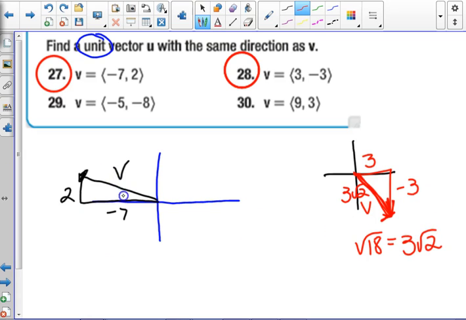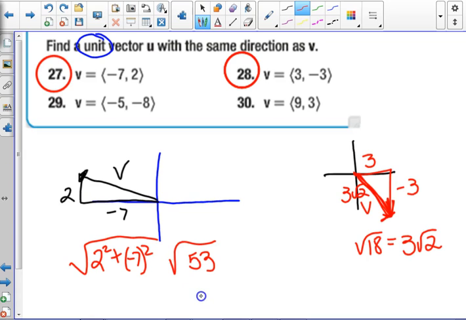Go back over here for a minute. How long is this one? 2 squared plus negative 7 squared, square root of 53. So this length is square root of 53. If we want it to be 1, we got to divide everything here by square root of 53.